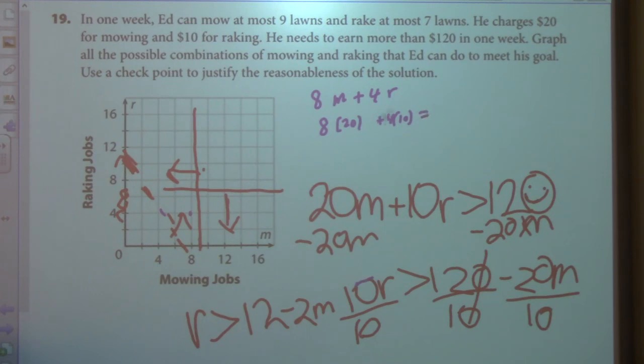So we have 160 plus 60, which equals 220. Is that greater than or equal to 120? Yeah, so that checks out. Okay, questions on that?